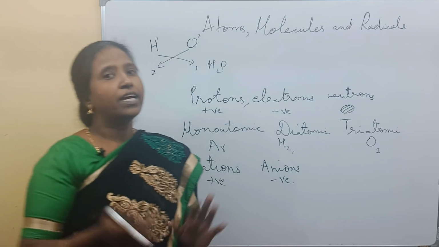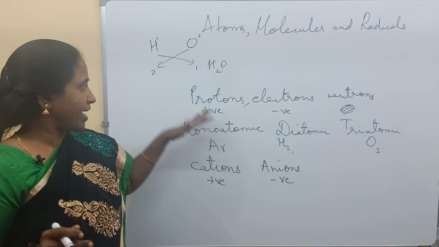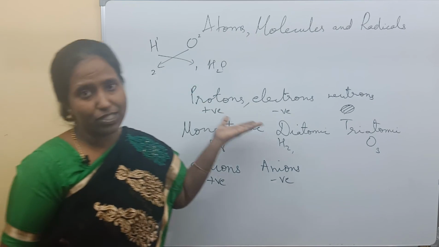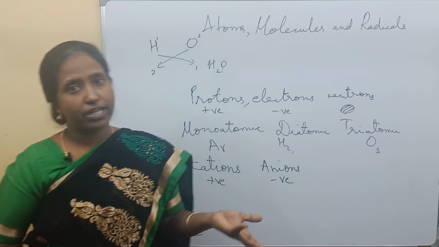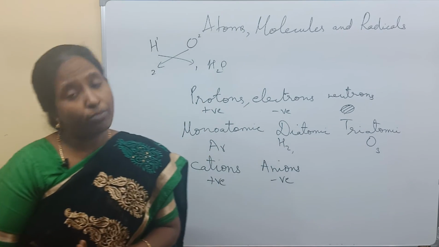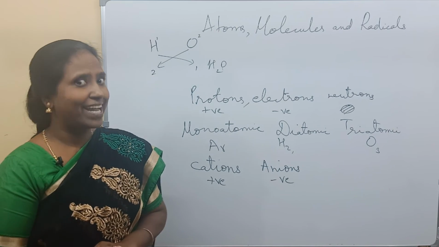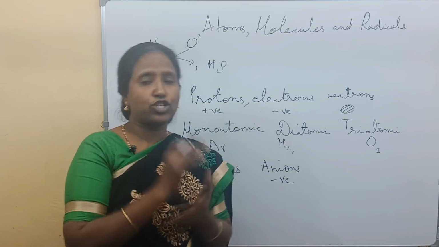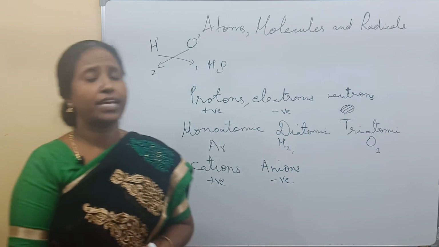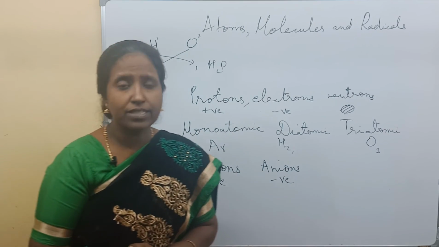Then we got to know some of the common names: common salt, water, acetic acid, baking soda, then slaked lime, which is calcium hydroxide.